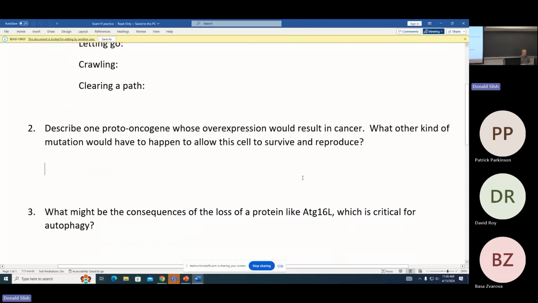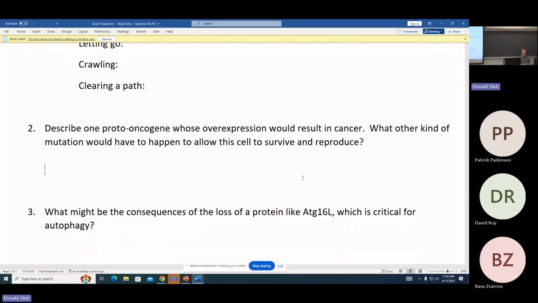Describe one proto-oncogene whose overexpression would result in cancer. What other kind of mutation would have to happen to allow this cell to survive? So first, just name a proto-oncogene whose overexpression would cause cancer. MYC. MYC's a good one, right? We make too much MYC, the cell's going to divide.